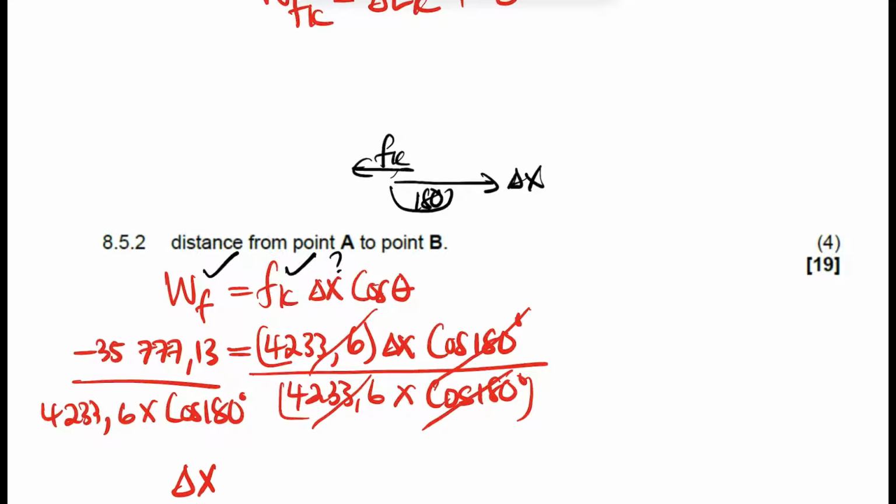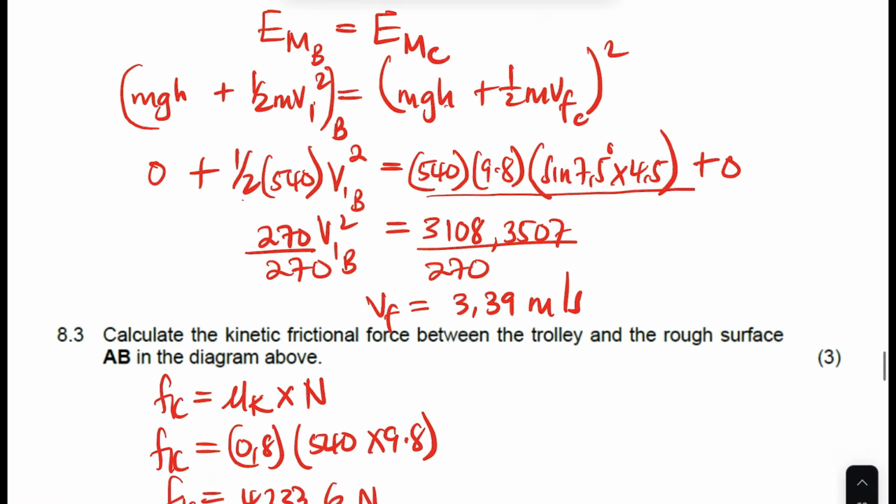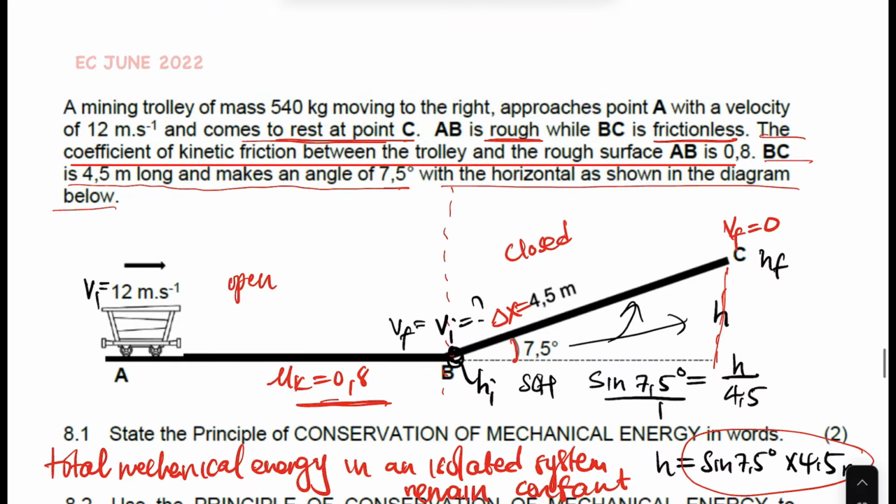You'll be left with the displacement. The displacement, or the distance that it covers from point A to point B, is 8,45 meters.